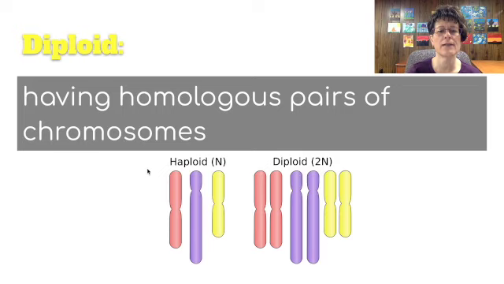Now we have different vocabulary for describing the numbers of the chromosomes. Diploid is having homologous pairs of chromosomes. So when they're in a pair, like on the karyotype, we call that diploid. Di meaning two, okay? Like double. So we have a double of each chromosome. There's two of them.